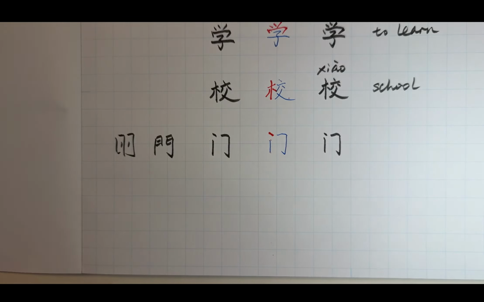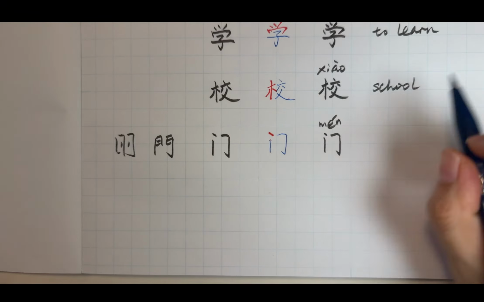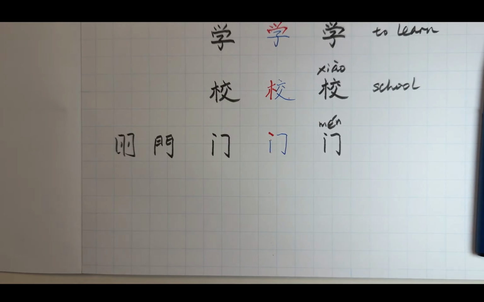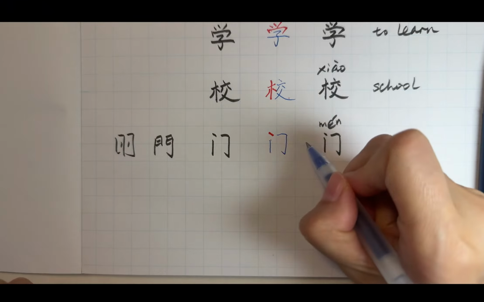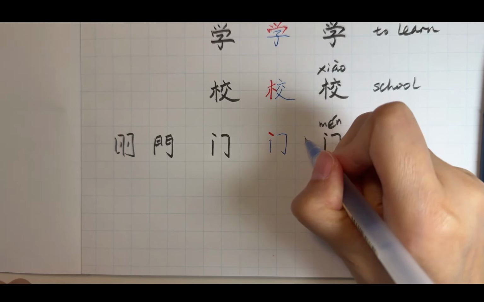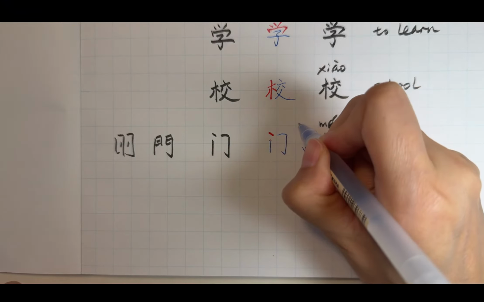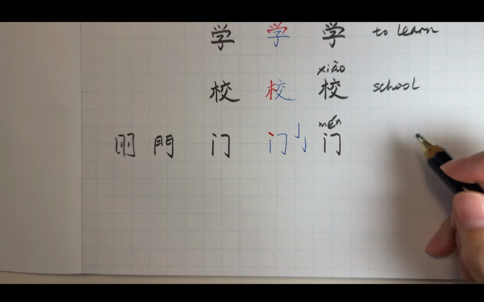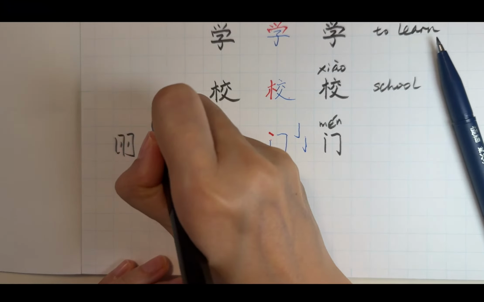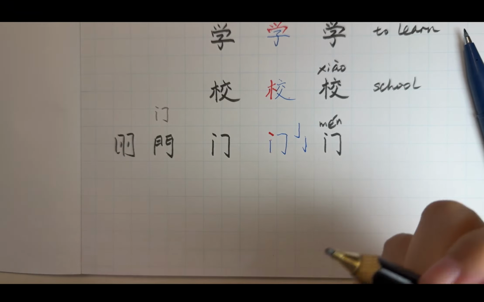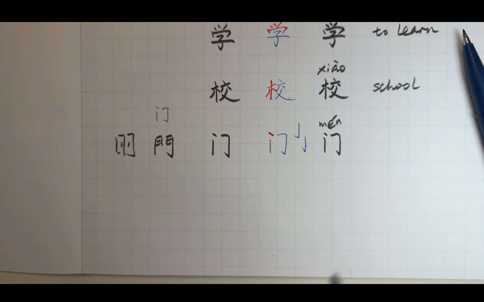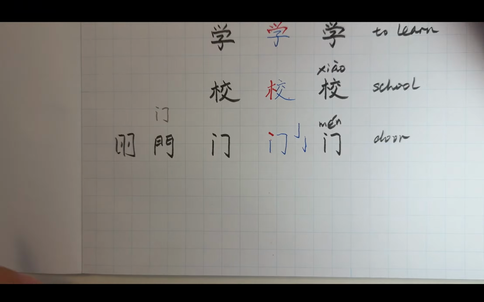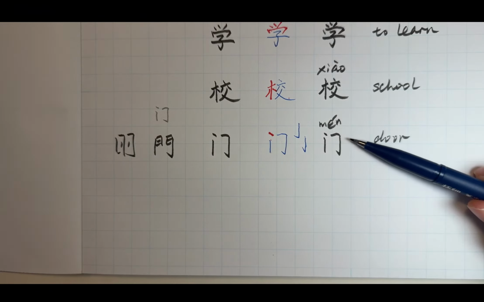I feel that the brush pen will be more steady, because if you use a gel pen or ball pen, if you want to write it very big, it's kind of hard to write it very straight. But with the brush pen or with the pencil, actually pencil will be another good way to really practice. It gives you a smooth feeling, compared to those gel pens. 门 is the door or gate. So school gate, we just say 校门.